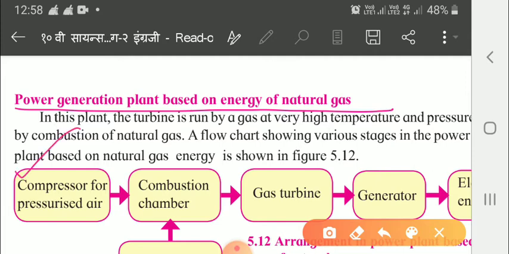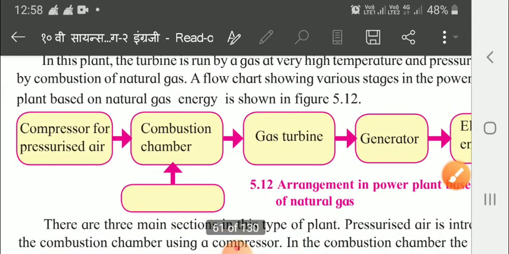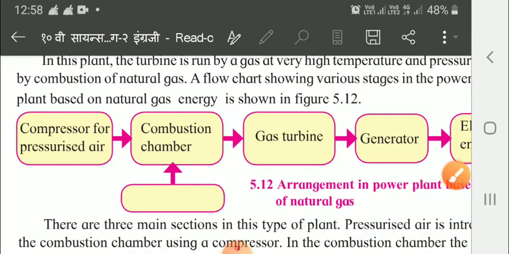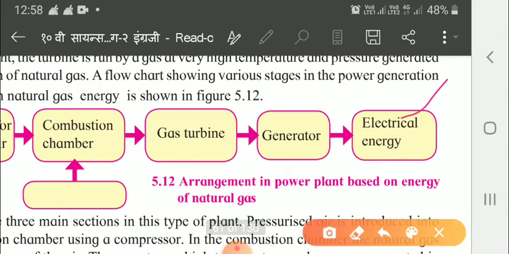The compressor to pressurize the air is there, then the combustion chamber. Due to this, the gas turbine will move, and when the gas turbine moves, it provides energy to the generator and then the electrical energy is created.